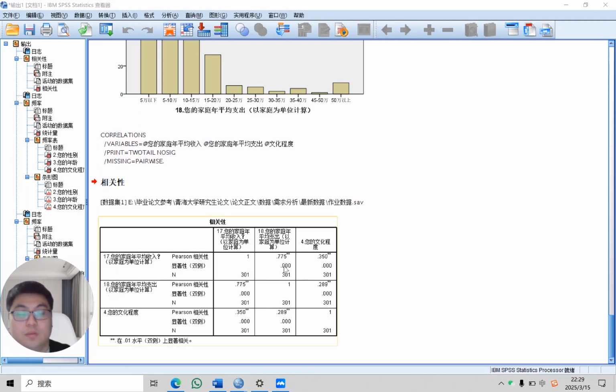Then we will see the result. The results indicate that income and expenditure are significantly correlated, and the others are also correlated.